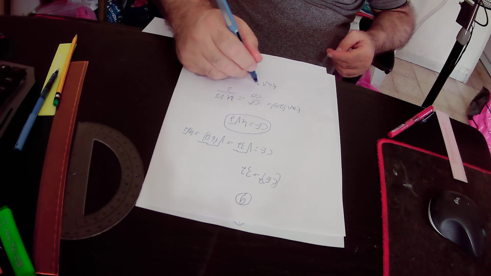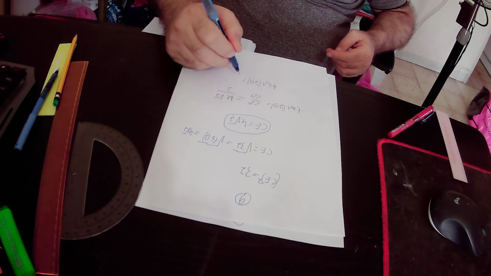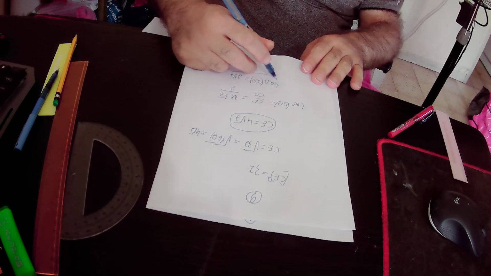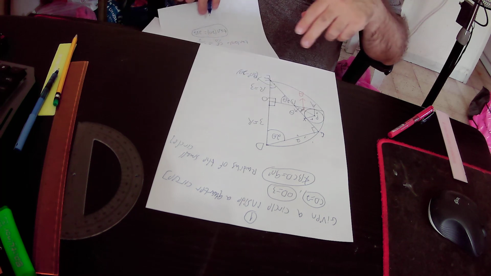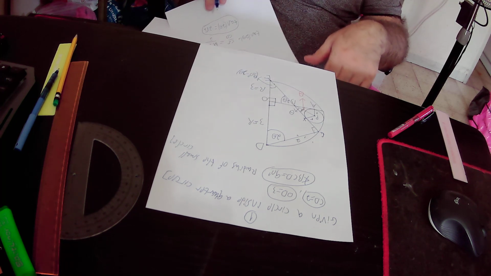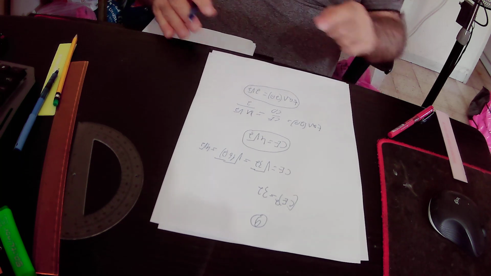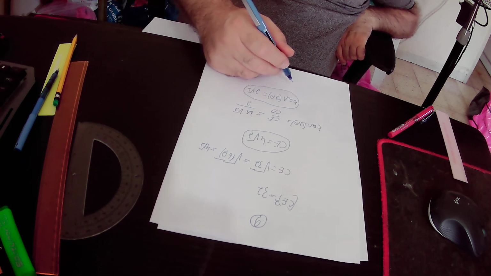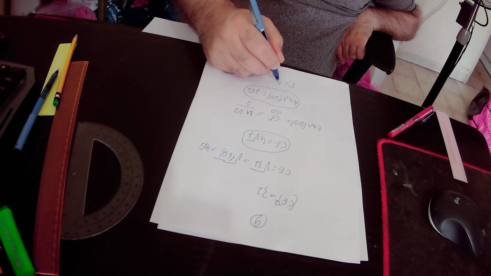So tangent 2 theta equals 2 times root 2. Actually, we know that the radius that we want to find out, the radius of the small circle, equals AB times tangent theta.